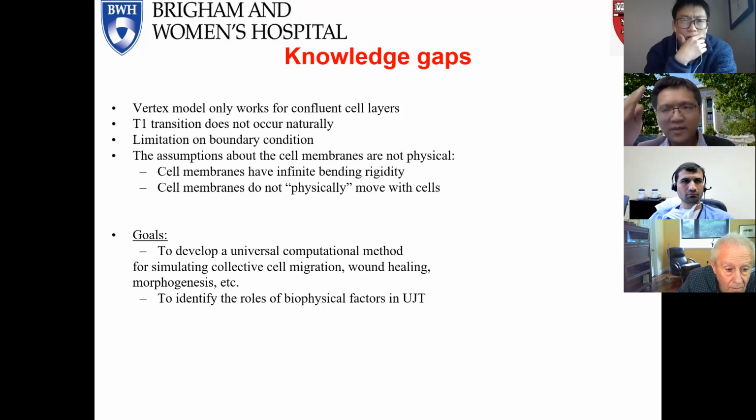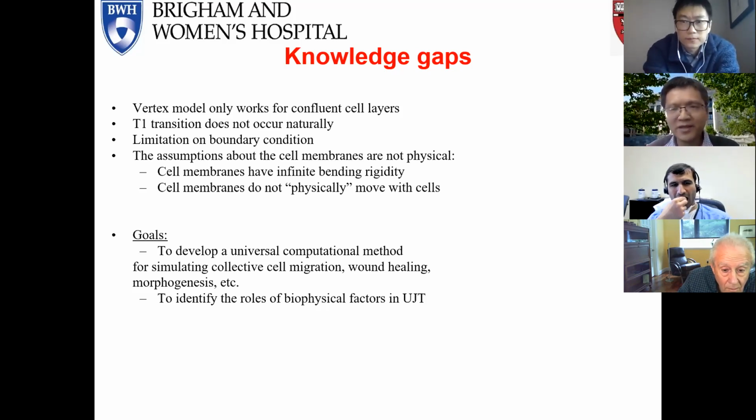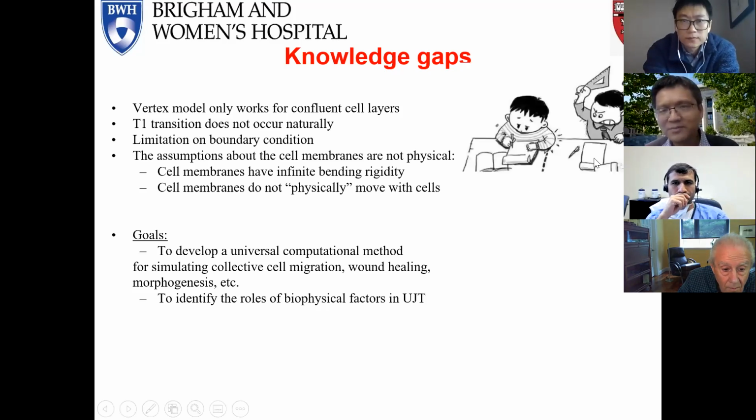In the vertex model, it's like drawing a line between two students. Once you form the centers of the cells, you draw a line between them to form the cell boundary or cell membrane, so they do not physically move along with the cells.